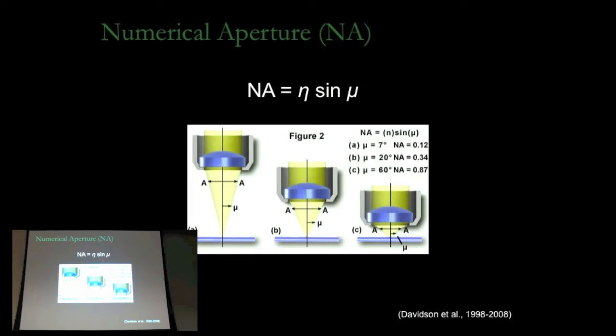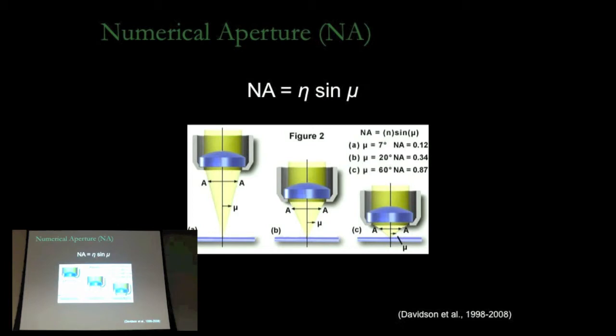If you look at the angles over which the objective can collect light, that half angle, mu, here, is measuring the angle from the optical axis to the edge of the light collection. So the sine of that half angle, times the index of refraction of the immersion media, defines the numerical aperture.